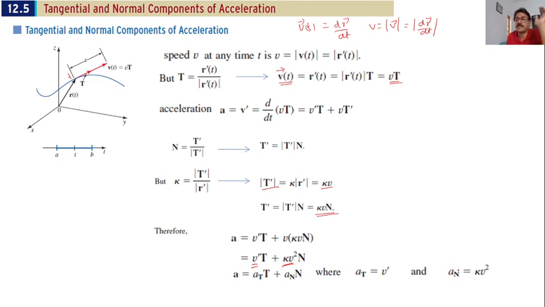Normal component of the acceleration A is kappa v square, and the tangent component of the acceleration is v dash.